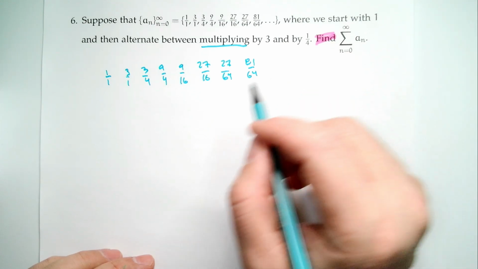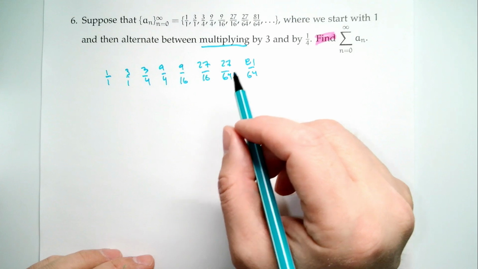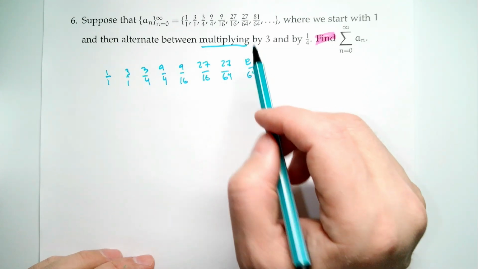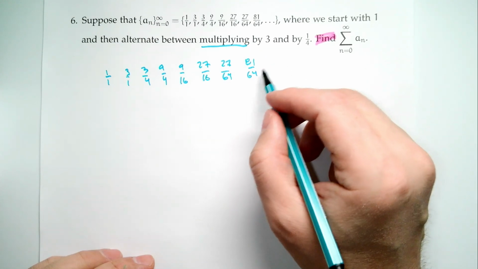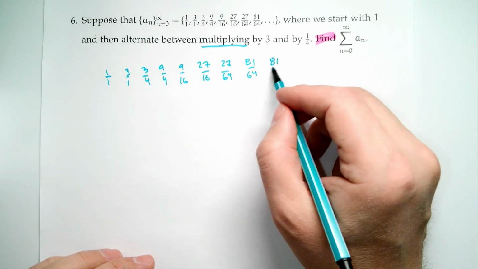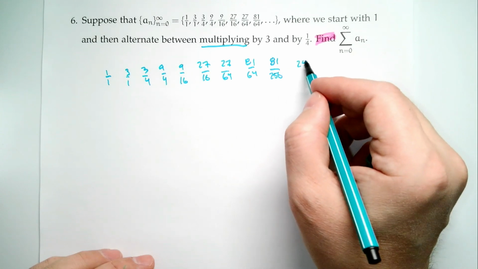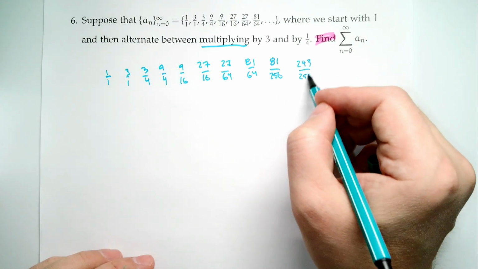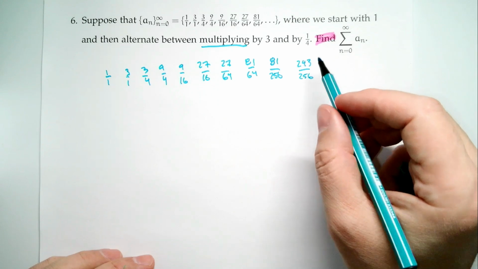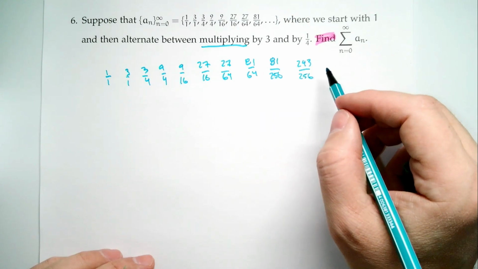Well, we multiply the denominator by 4, so that's probably why I stopped there. That would be 81 over 256, then 243 over 256. These are not huge numbers, but not small numbers, and so forth.